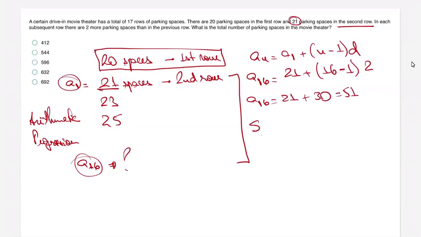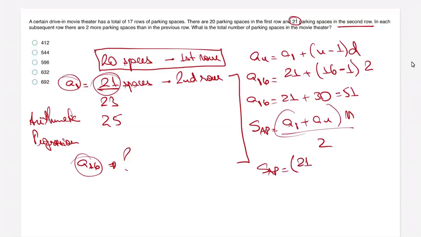Now I have the summation of arithmetic progressions given by the first term plus the last term times the number of terms divided by 2. The first term is 21. The last term we just found, 51. The number of terms is 16. Be careful again. Divided by 2. Here's 72.